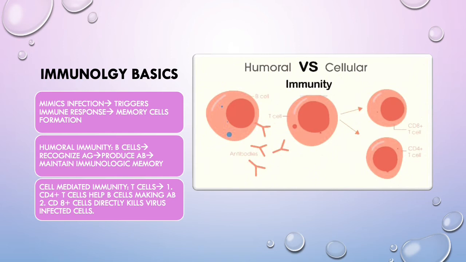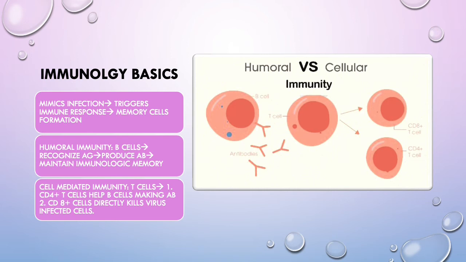And when it comes to the immune system, we have two large divisions of immunity. We have our humoral immunity consisting of our B cells. We have our cell-mediated immunity consisting of our T cells.